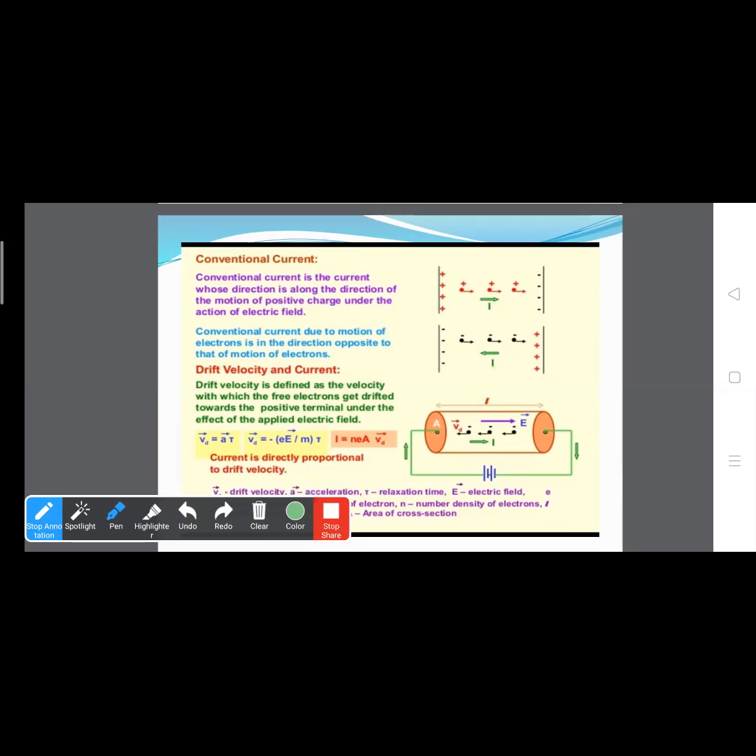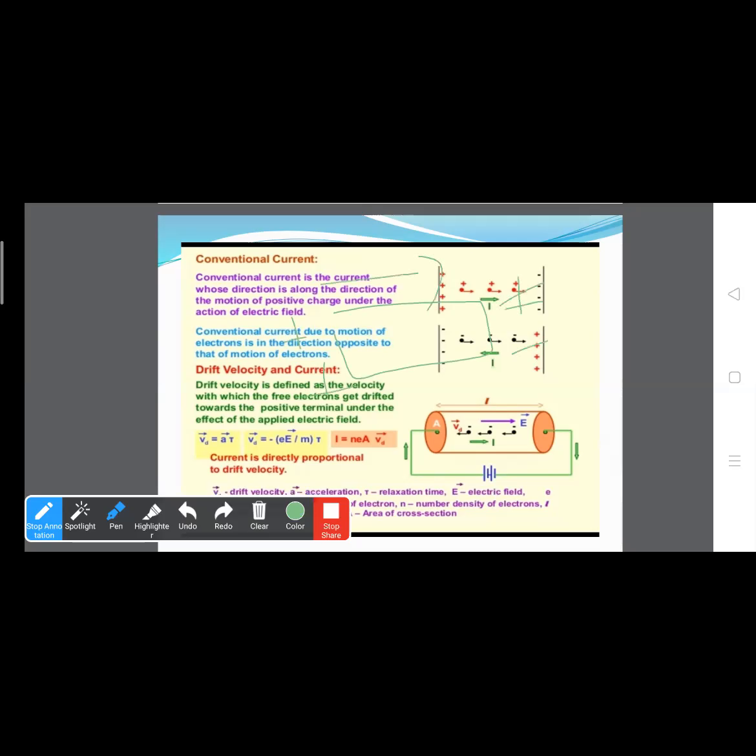When this conductor is placed in an electric field, some potential difference is applied across the two ends of the metallic conductor. So an electric field is set up inside the conductor, and as a result the free electrons in the conductor experience a force in a direction opposite to that of the electric field.